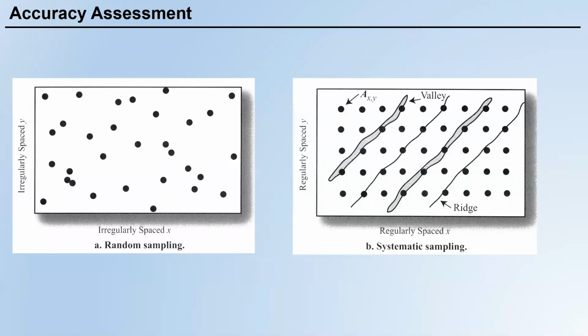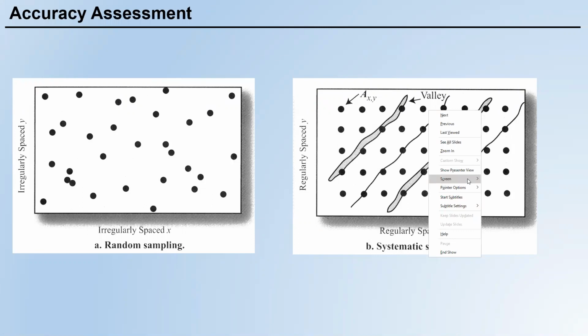But in your research, in your application, if you're using systematic sampling and a specific land cover type only covers a very limited area within your image, it's very likely that that small land cover type will not be sampled because you are regularly distributing all samples within the space.